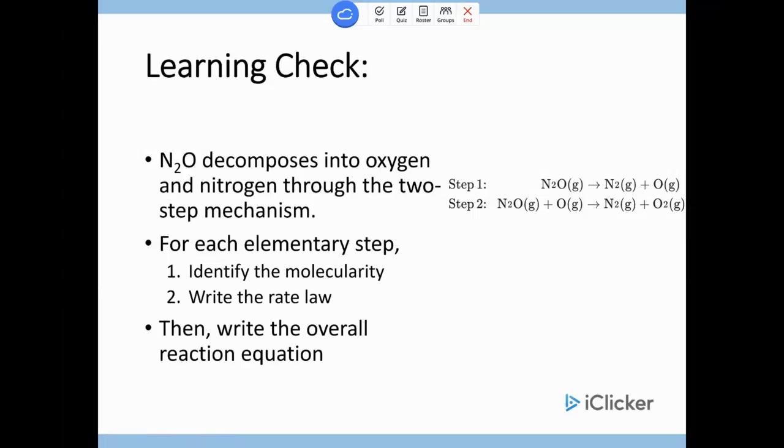So for each elementary step, first identify the molecularity, then write the rate law for that step, and then write the overall equation. So you write the overall equation over here. And then we'll do step 1 and step 2, molecularity and rate law.